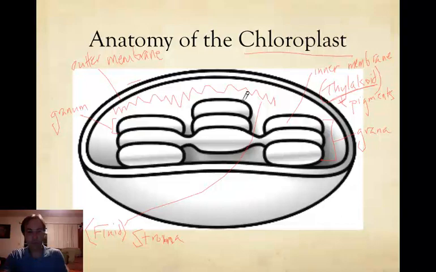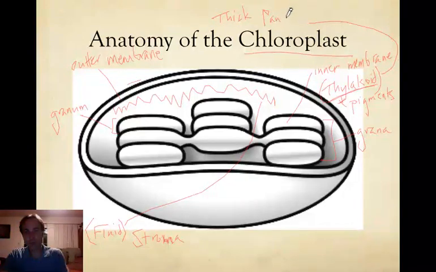So my next point is, how do I remember which is which? Thylakoid's kind of weird, stroma's kind of weird. What's our trick? What I do is I think of thylakoids as thick pancakes, because they kind of look like stacks of pancakes.